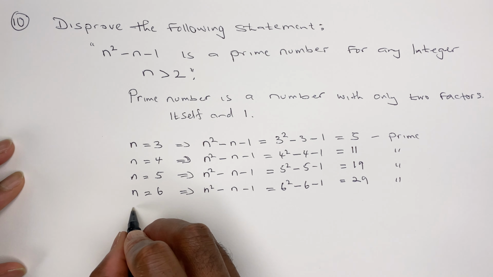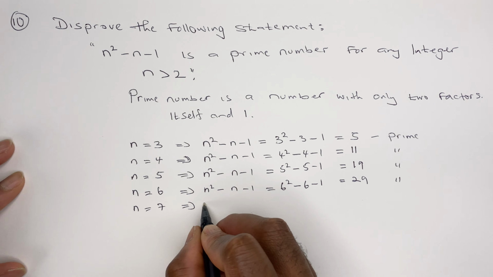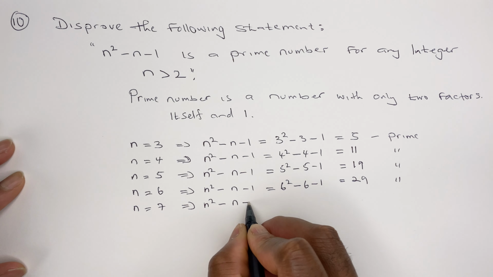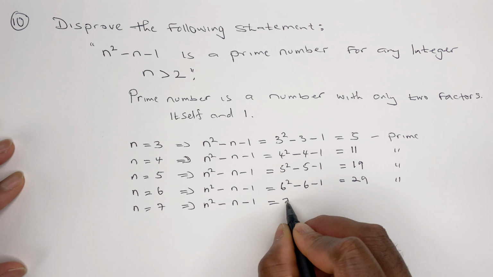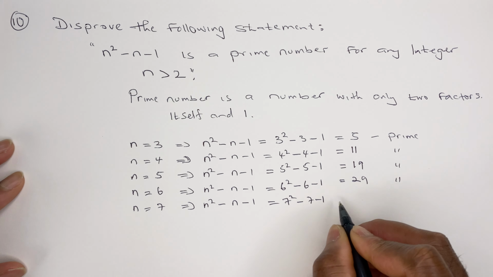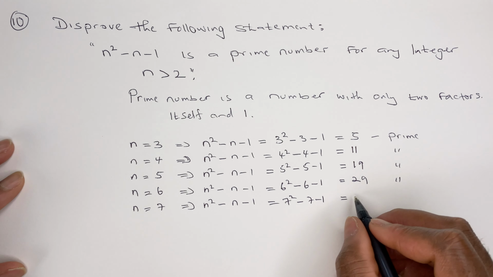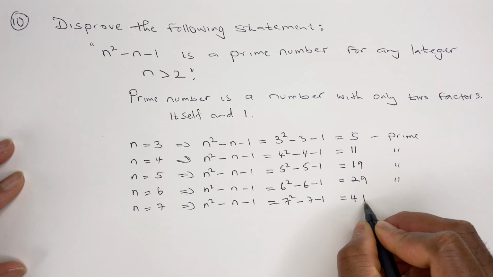Now let's try n equals 7. Again, we have n squared minus n minus 1 equals 7 squared minus 7 minus 1, which gives us 49 minus 8, which is 41.